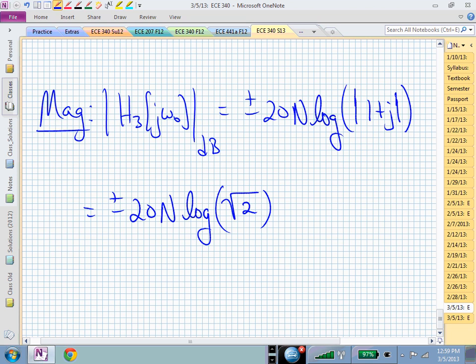What's the magnitude of 1 plus j? We now go one real direction, one imaginary. We now have the hypotenuse, which is the square root of 2. Right at the break frequency, this is the magnitude contributed by a pole or zero factor. The square root, since we're dealing with logarithms, can be converted to 1/2 as an exponent, and that 1/2 can come out front.